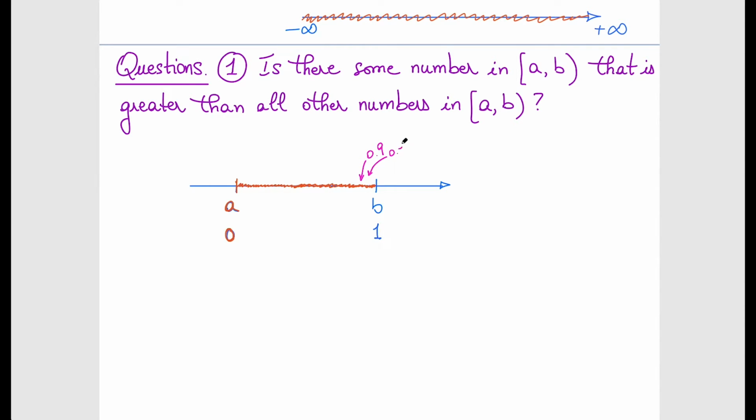Correct? So if 0.9 is your guess to be the largest element in the interval 0, 1, well, 0.91 is after this. You're going to say, okay, let me modify my choice. How about 0.99? Well, if you go for 0.99, I'm going to go for 0.991. 0.991 comes after 0.99, so 0.99 is still not the best. And then you're going to play the game.